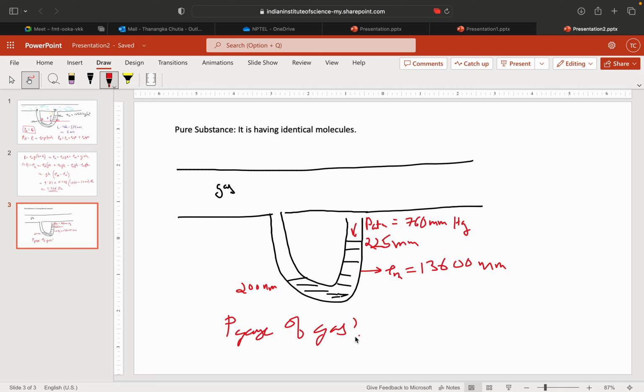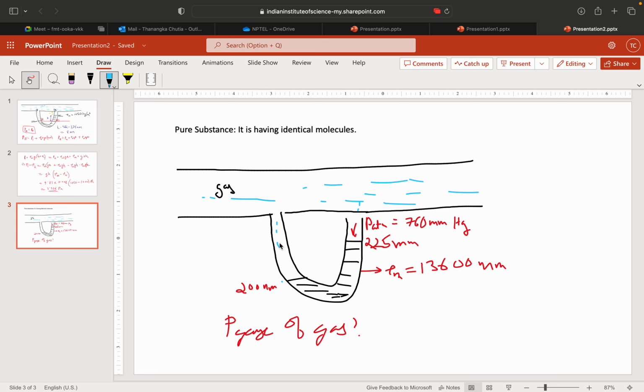Till now we were just calculating pressure. Now you will understand whether it was gauge pressure, absolute pressure, or vacuum pressure. This gas is flowing this side, so I'm taking blue color as this gas. The gas is everywhere, and this end is open to the atmosphere, so P atmosphere is there.